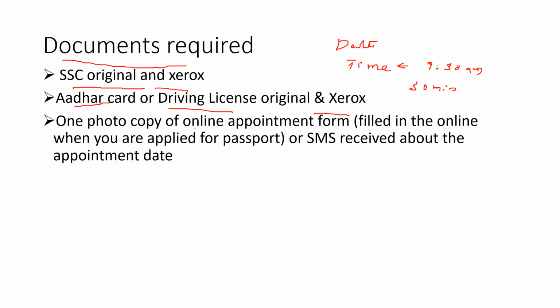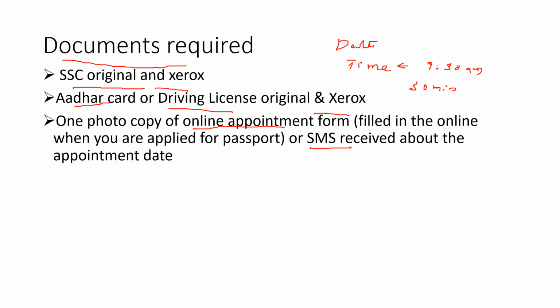At the time of appointment booking in the application, you'll get one application form. You have to get the printout of that form. You'll also receive one SMS as soon as you submit the appointment booking application.